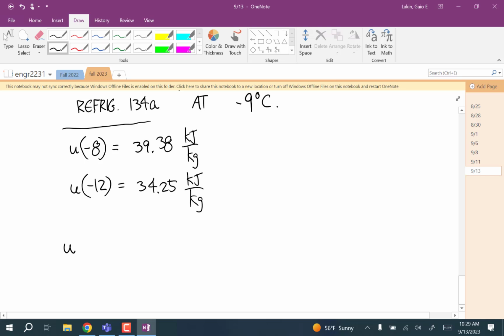So for the approximation, we're trying to approximate this at a value of -9.